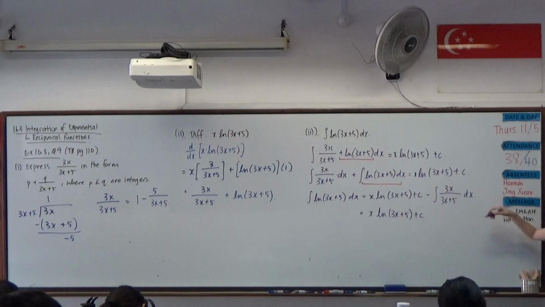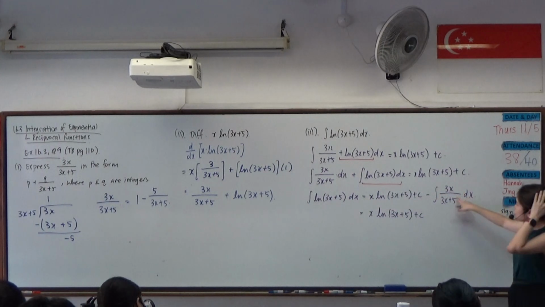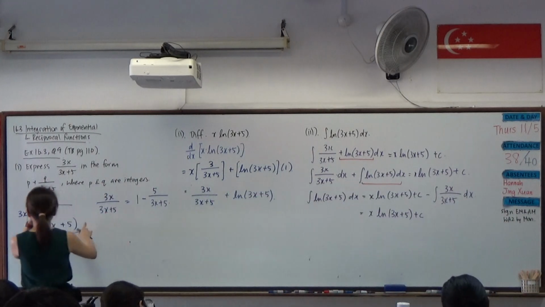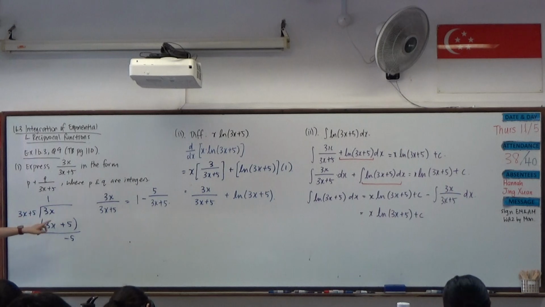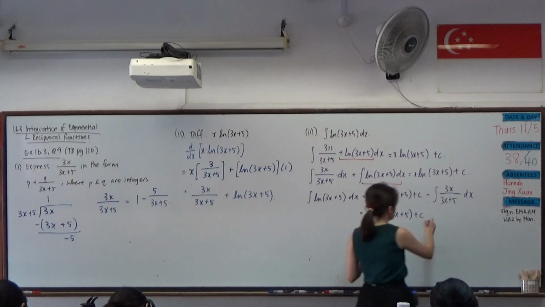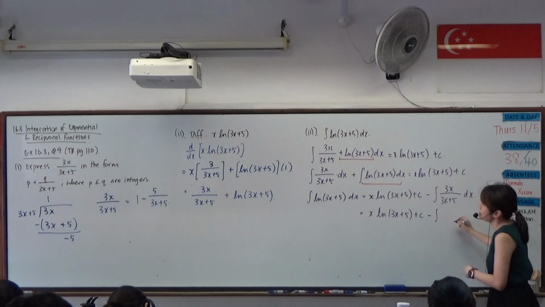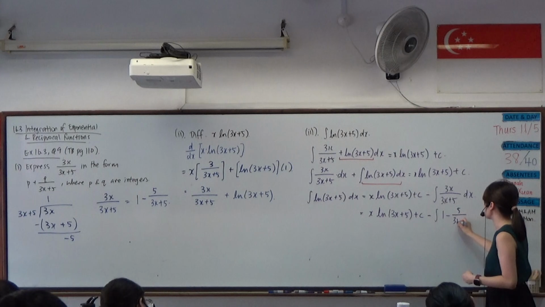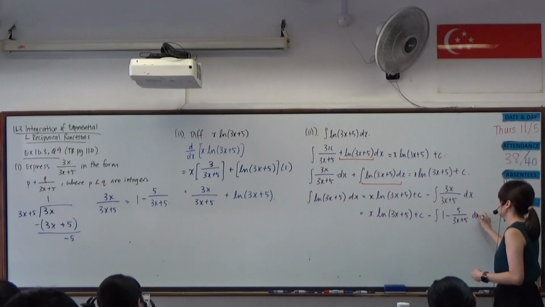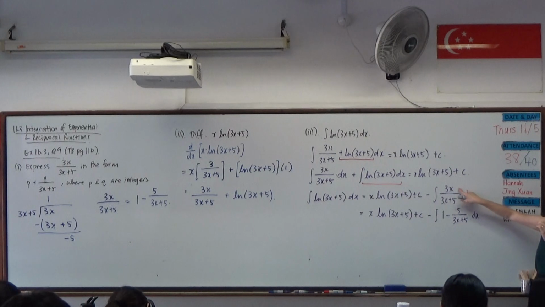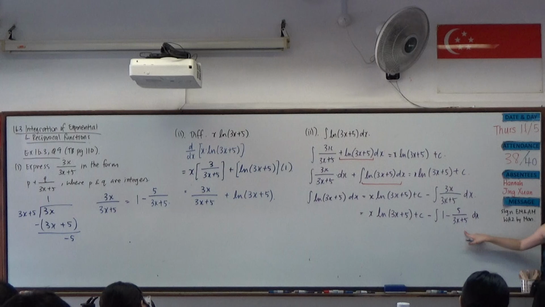Then we need to tackle this integration of 3x over 3x plus 5, and we make use of our answer in part 1. In part 1, we have already split it out into its two parts, which is 1 minus 5 over 3x plus 5, because we cannot integrate this since the top part is not 1, it is a 3x, so that's why we must do partial fractions.